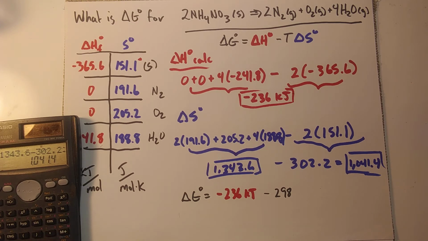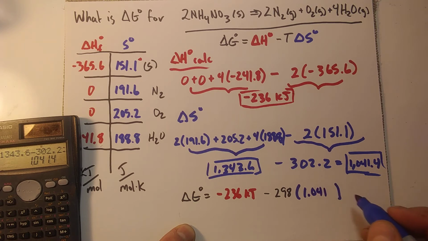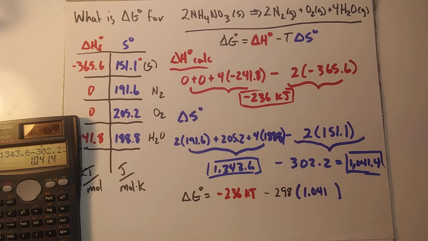And now we can bring in that value here, but we're going to convert it again to kilojoules. So we're going to say 1.041 kilojoules. I'll just go ahead and use red to signify that we have the same units. And it really still is over T, because we have the Kelvin here, it's still over Kelvin here, but that would cancel out the kelvins with kelvins. So we're going to end up with just kilojoules and kilojoules added together.